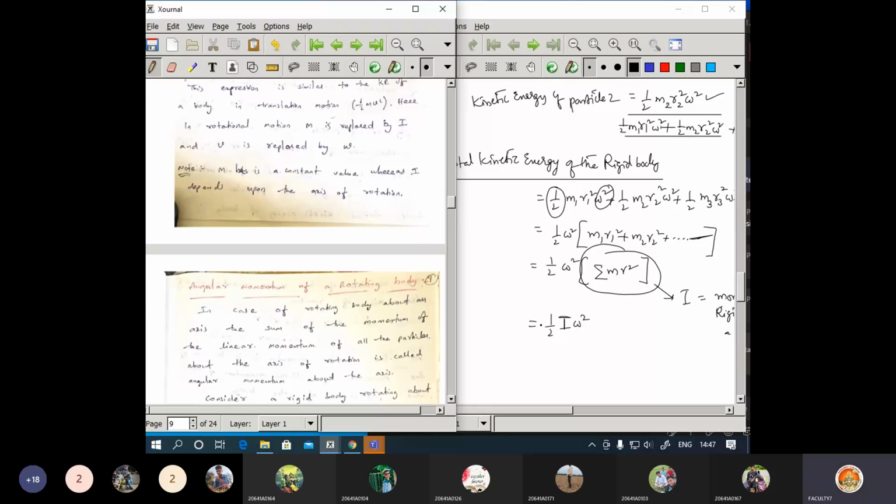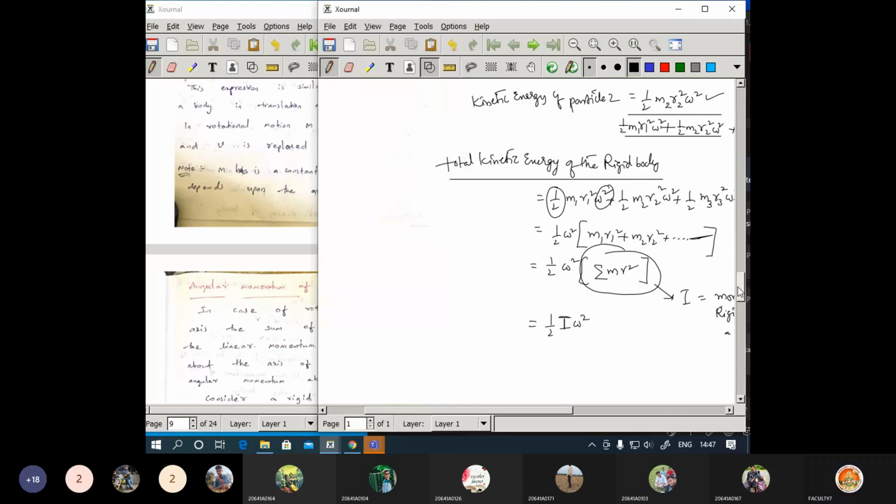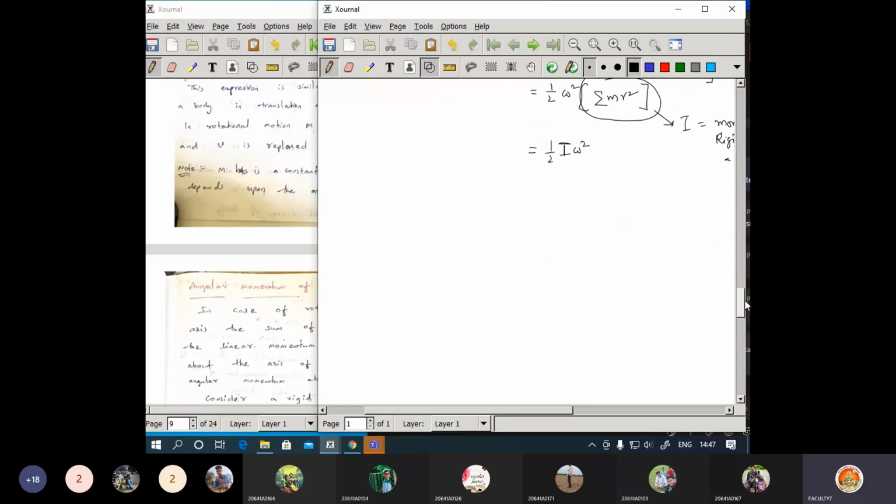Now you need to identify the conclusion with comparison. Regarding the kinetic energy, we gave half mv square as the expression previously, and now we are writing the expression as half I omega square.